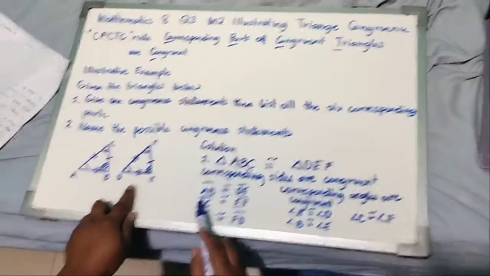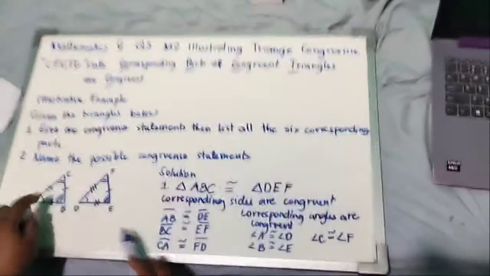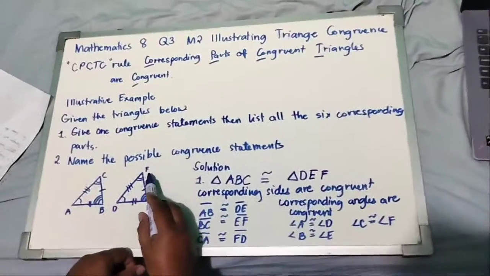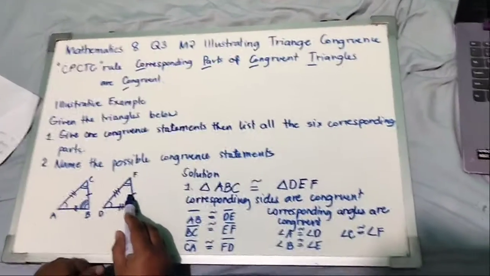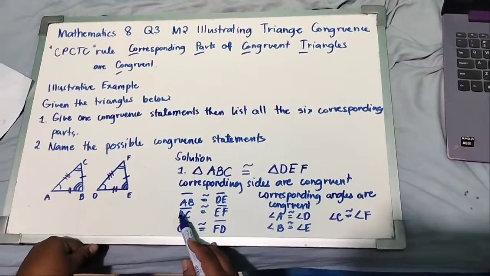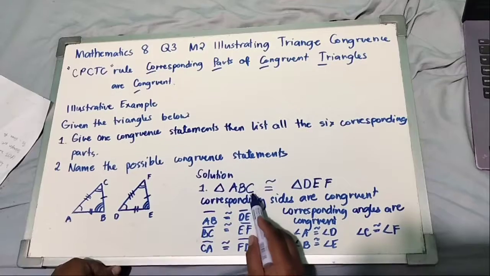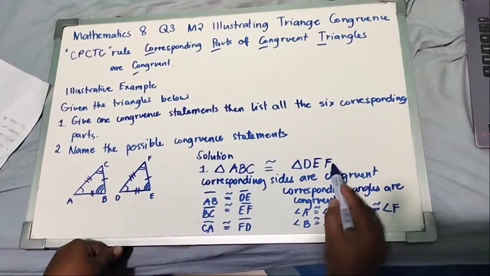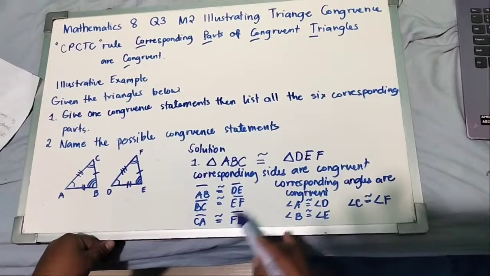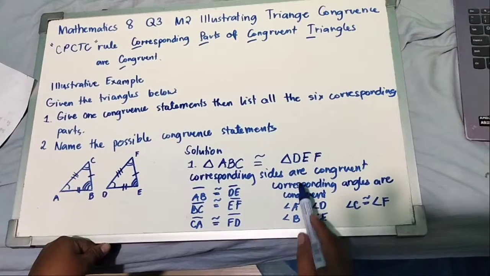Another side would be side BC is congruent to side EF. Okay. So side BC is congruent to side EF, and then we have here side CA is congruent to side FD. So those are the corresponding sides.